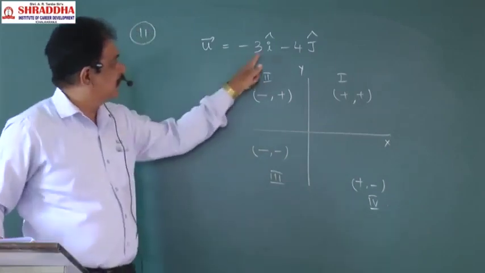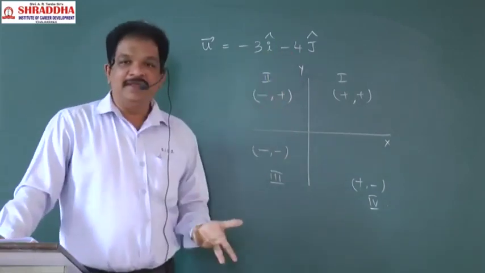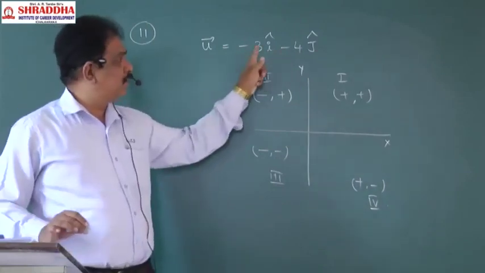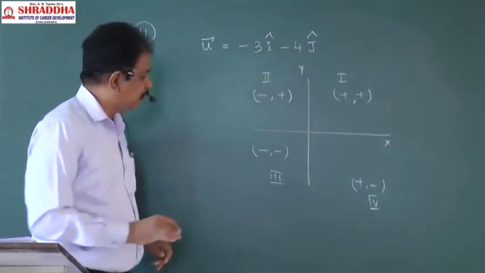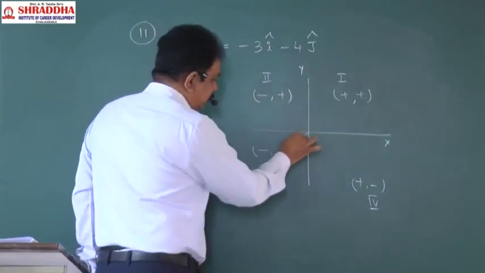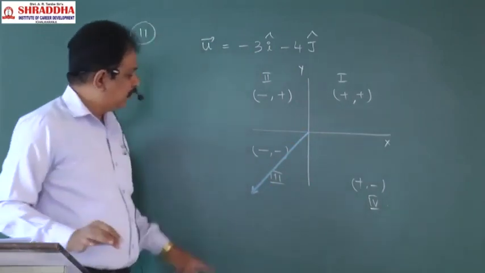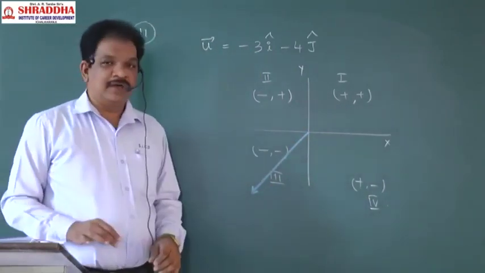Now, this is the vector. In which quadrant is this vector? Both are minus. X component minus, y component minus. So the vector will be in this quadrant.